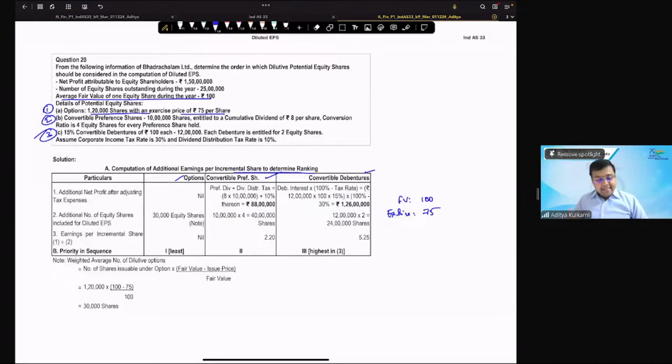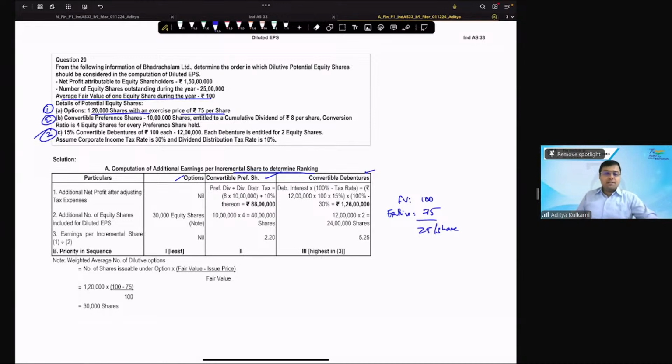So can I say that 25 per share is the bonus or the potential share element? Yes or no? See, if you had to issue the share at fair value, how much are you going to get? 100. But what did you do?